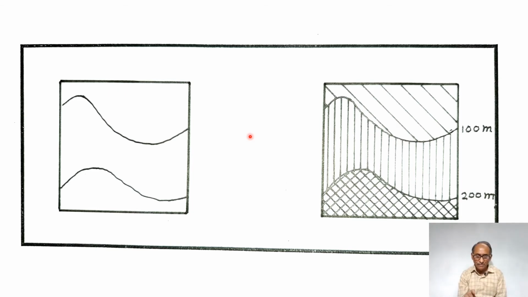So Wentworth, W-E-N means west, east, and north. At least three letters we get. So when we draw lines and when we calculate the crossings along the east-west lines and north-south lines, then that is the Wentworth's method.